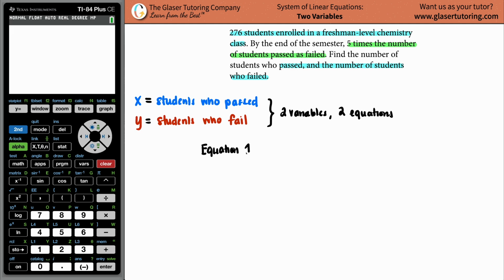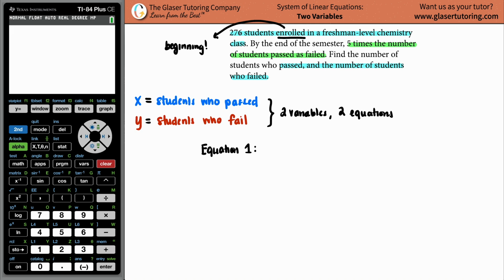Maybe we'll take it from the first sentence. The first sentence said that 276 students enrolled. And when you enroll in a class, this is in the beginning. So the enrollment is going to be everybody that was taking the course, no matter whether they passed or whether they failed. Both of these are who enrolled.